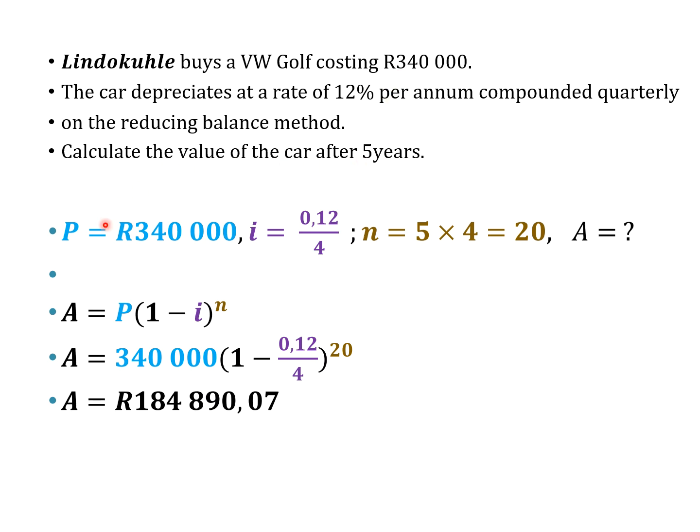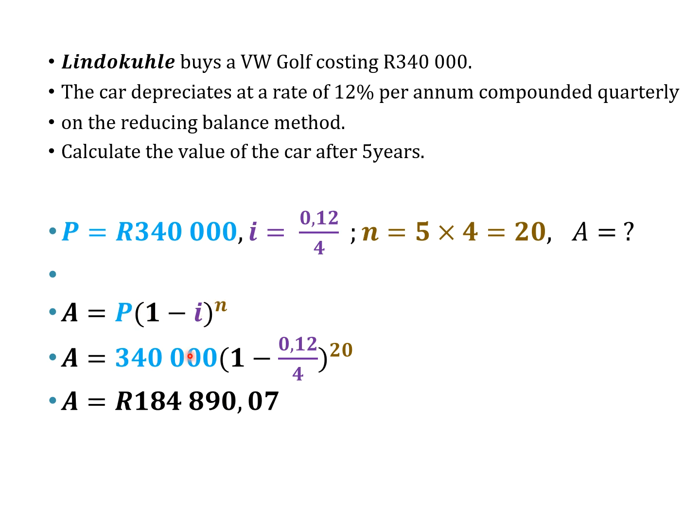So P is 340,000, that's the value presently. i, 12 divided by 100 is 0.12, compounded quarterly, divided by 4. Time period, 5 years, so 5 times 4 gives me 20, and we're looking for the accrued value. So A equals P(1 minus i) to the power n.